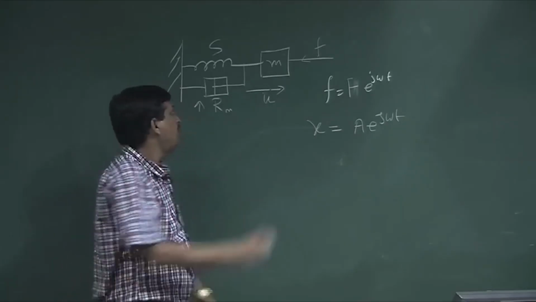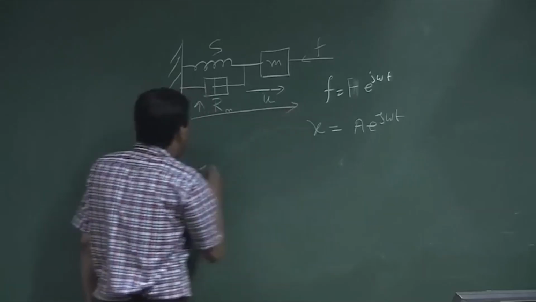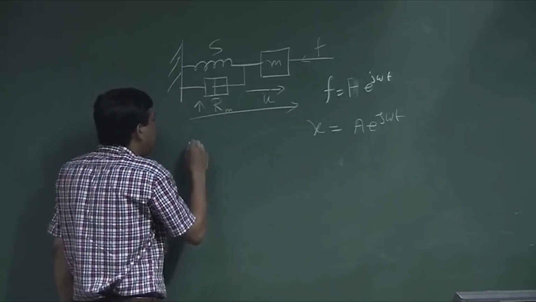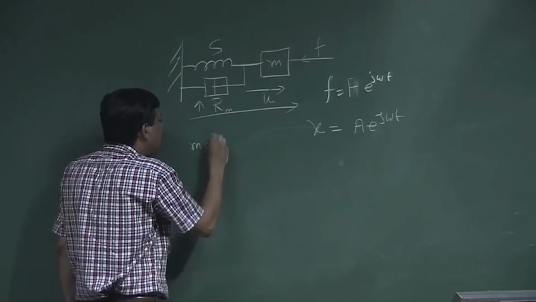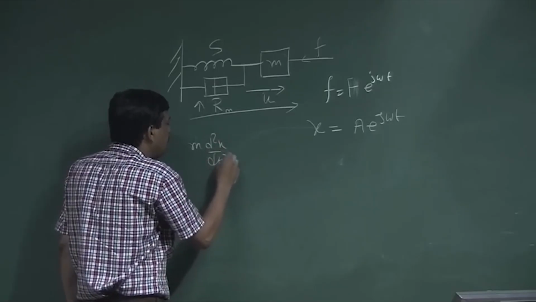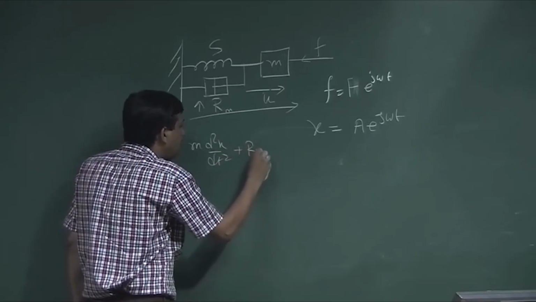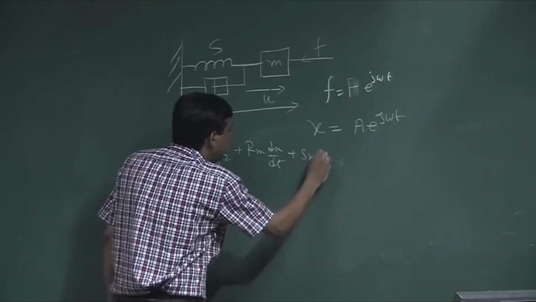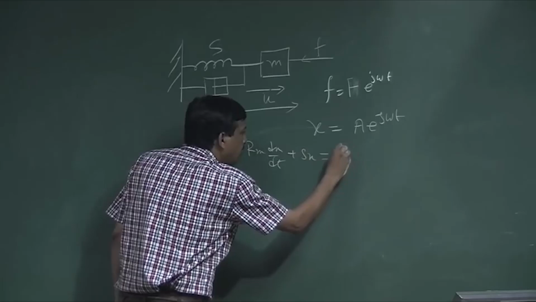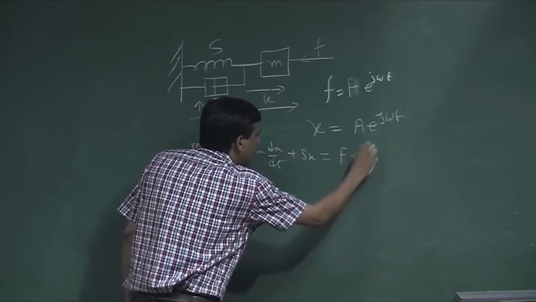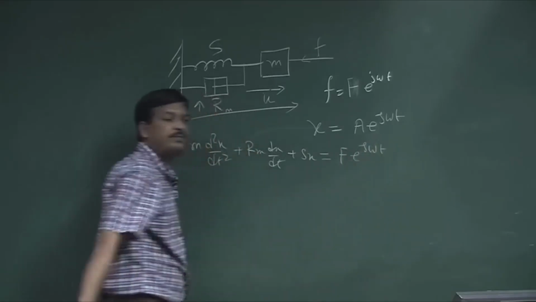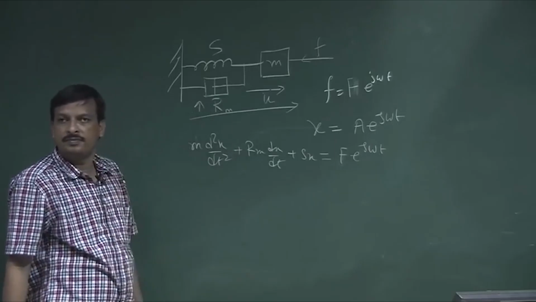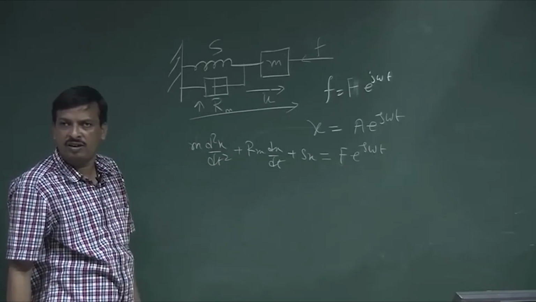Now, what is the equation of this oscillation circuit? It is m d2x by dt square plus rm dx by dt plus s x, equal to the applied force F e to the power j omega t, at the steady state condition.